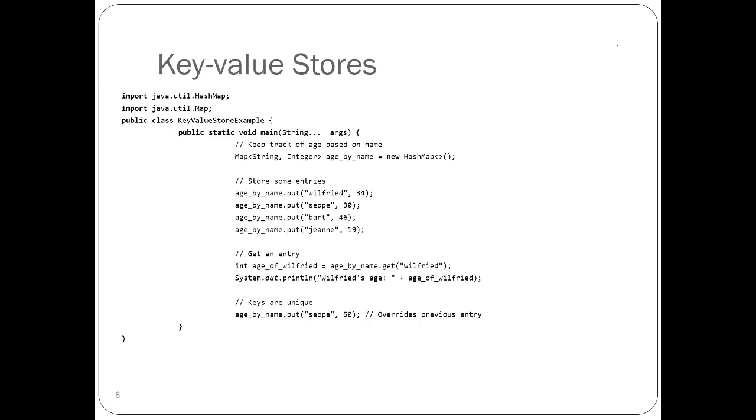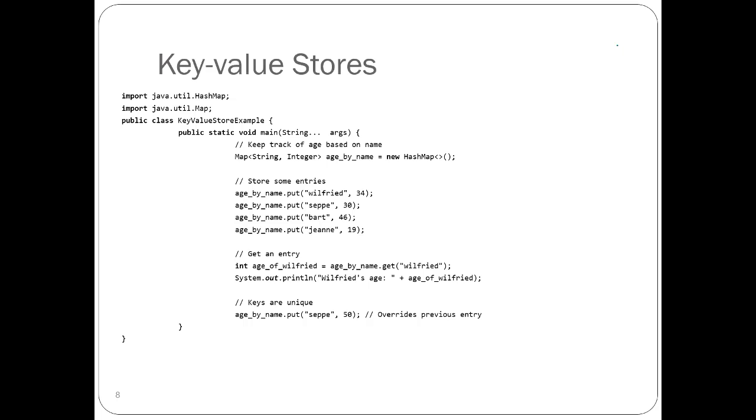So once you create this hash map with the name age by name, then using that you can store some values there, right? In this hash map, our key is going to be the name of people. All right, so we have put 1, 2, 3, 4 records in there, and for these records we have our key, which is the name of the person.